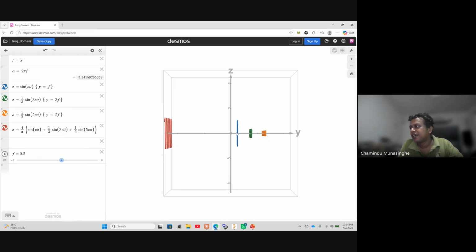So this is my fundamental, forget this negative part. This is just for visual intuition. You can't just do a Fourier transformation like this, but remember, I have this fundamental with this amplitude. Forget the negative part here. And then the third harmonic, 1/3 of the amplitude. The fifth harmonic, 1/5 of the amplitude, right?